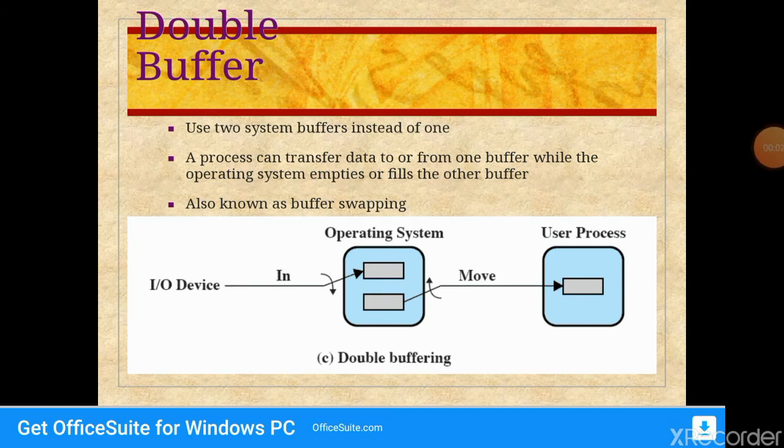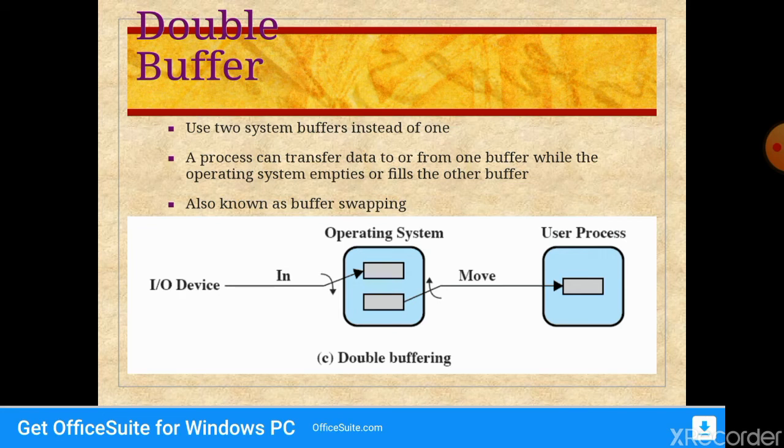There is a problem with allocation of a single buffer by the operating system to the process. Consider a situation where the operating system has to do page replacement, that is, swapping in and out of certain pages from the main memory, and meanwhile a process has to transfer the data in and out of the buffer. Both depend on disk read and write.